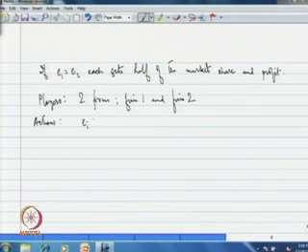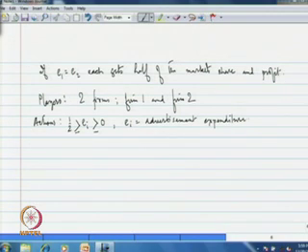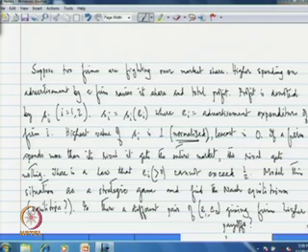Ei, and Ei is greater than or equal to 0, it can be equal to 0 also, and Ei is less than or equal to half. Ei is the advertisement expenditure.